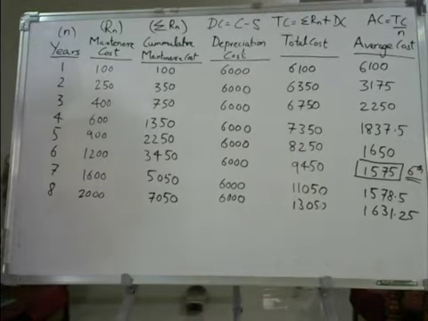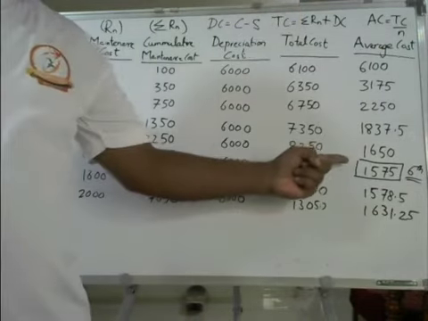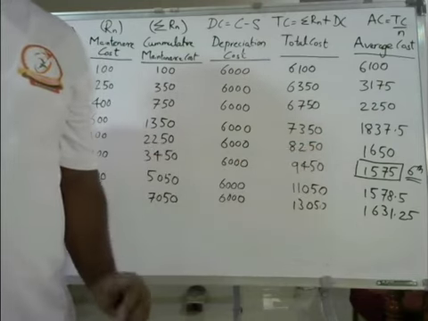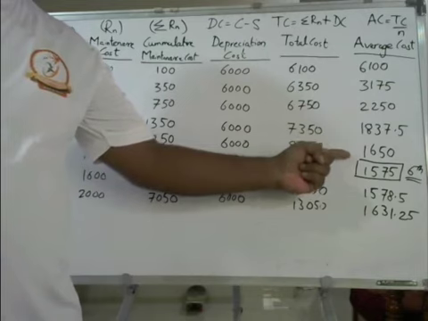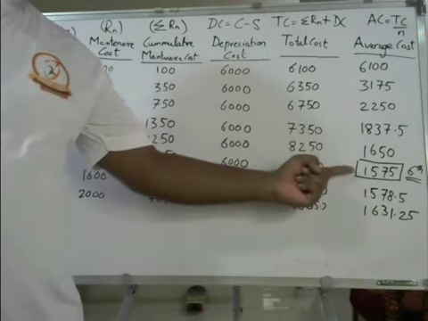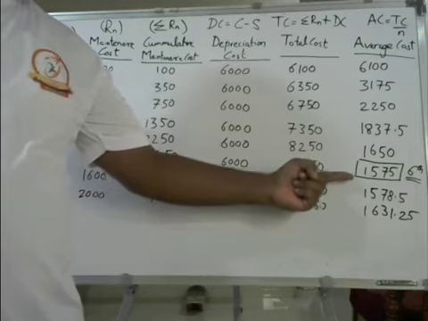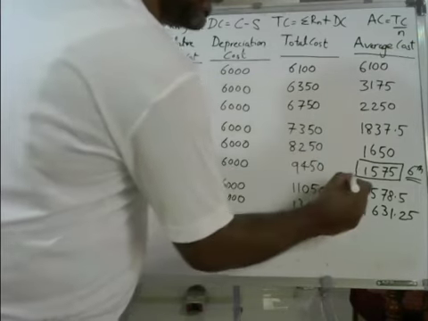So will you be selling it at the beginning of the sixth year or the end of the sixth year? You should not be selling the machine at the beginning of the sixth year, because still your maintenance cost is low. So you have to sell the machine at the end of this year.